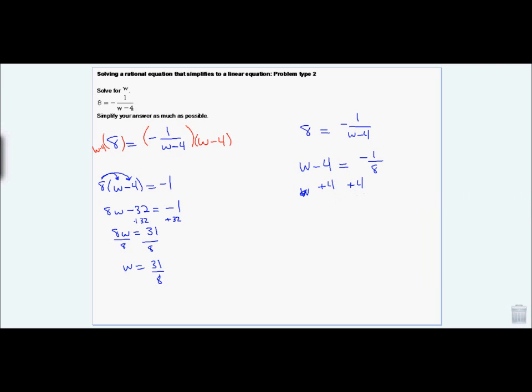But now if I add 4 to both sides, I have w is equal to 4 minus 1/8. I need to convert this 4. So I'm going to multiply it by 8, and I get 32 eighths minus 1 eighth. So w equals 31 eighths. Both methods get you the same answer. They're both completely legitimate. Let's try one more.